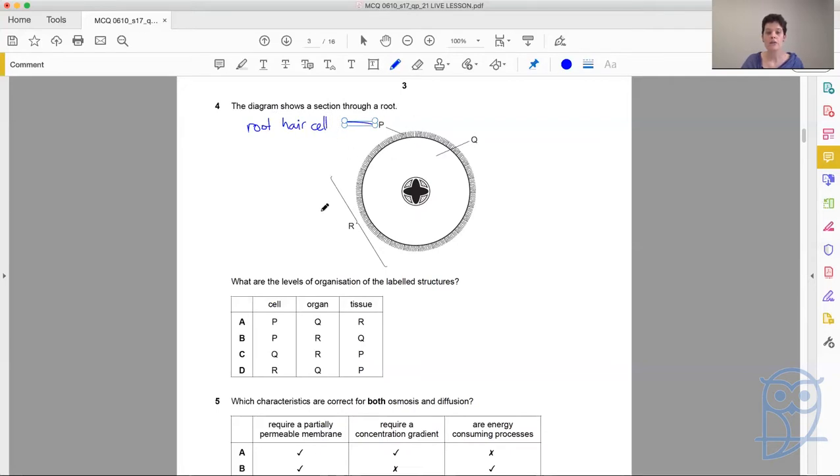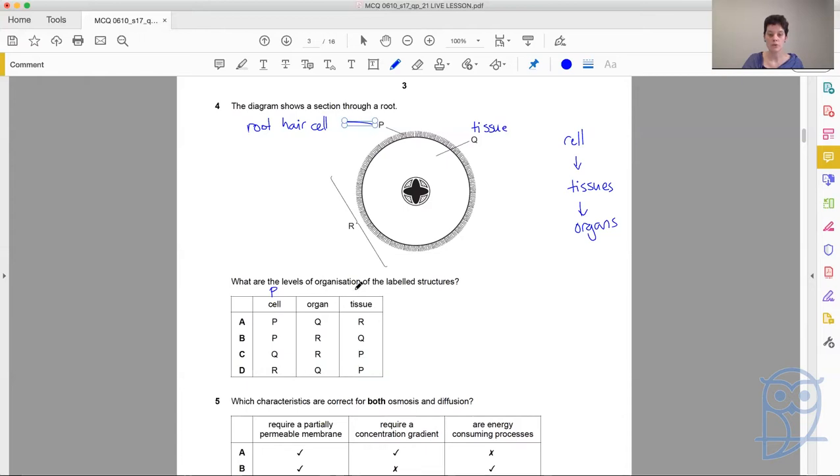Okay, so P would be coming in at the cell. Then it's between the organ and the tissue. And remember that we go from cells to tissues to organs. So Q, looking at the cortex of that root, this is representing the tissue, where we have lots of cells that are doing the same thing.